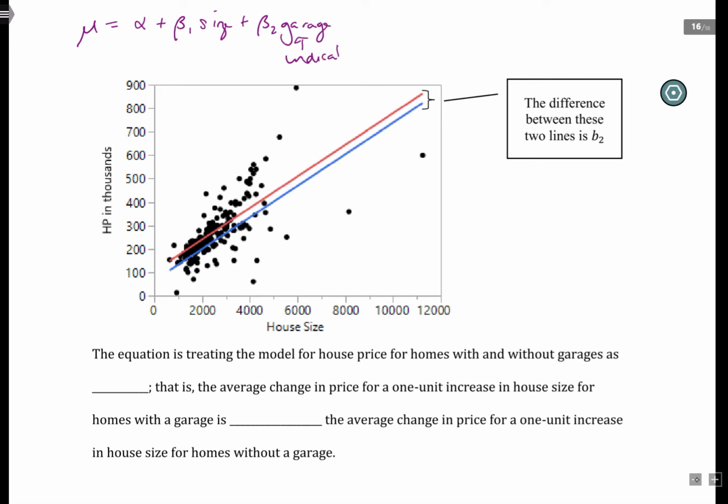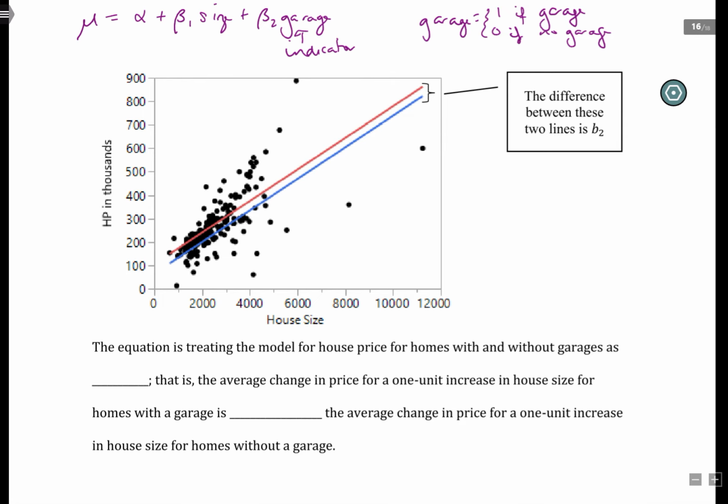This indicator variable was 1 if the house has a garage, and 0 if there is no garage present. Remember, this garage variable is not counting the number of garages, it's just saying whether a garage is present on the lot or not.